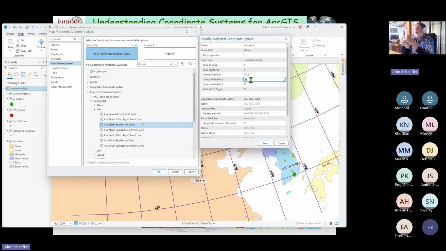So instead of 35 right at the bottom, I'm going to make my standard parallel 1 38. Standard parallel 2, okay, that was about 49. So I'm going to subtract 3 to basically move that standard parallel inside, and we'll make it 68.